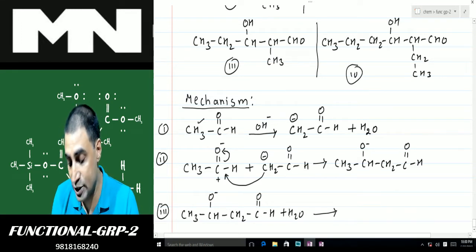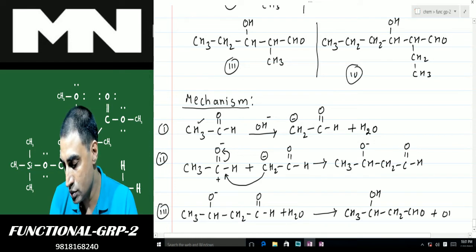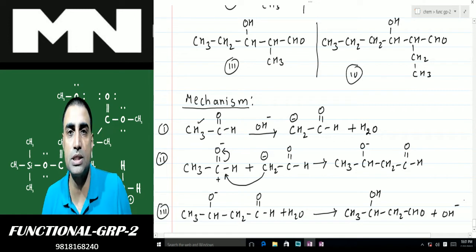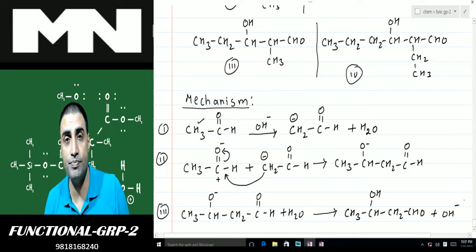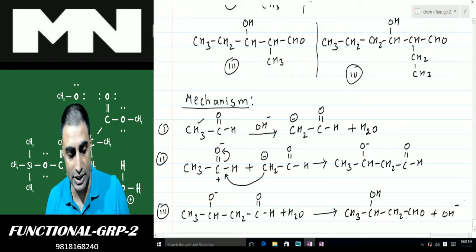It will gain H positive ion from this water molecule. You will get CH3, CH, OH, CH2, CHO plus OH negative. Now OH negative is a catalyst. It was used in the first step and it was regenerated in the last step. So this is how aldol condensation proceeds.